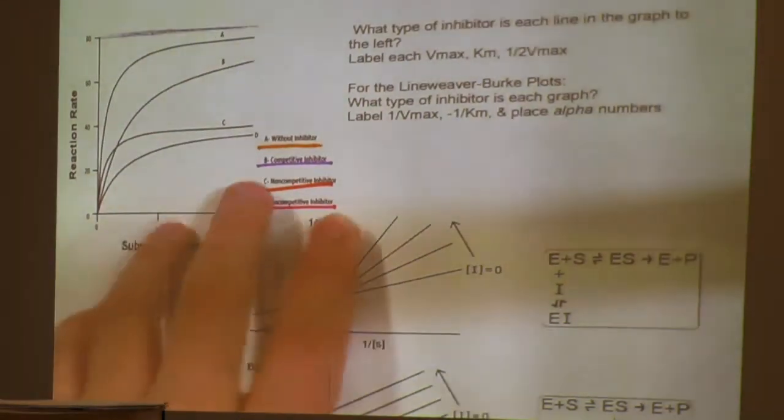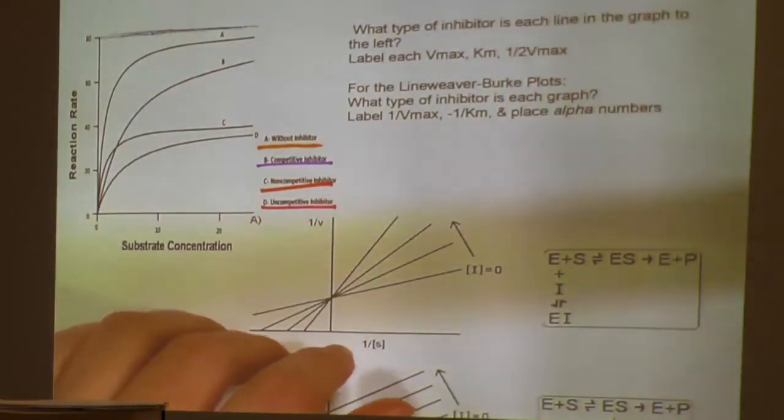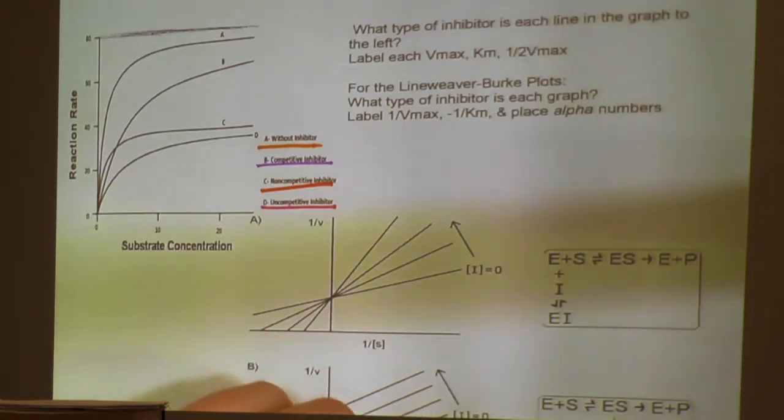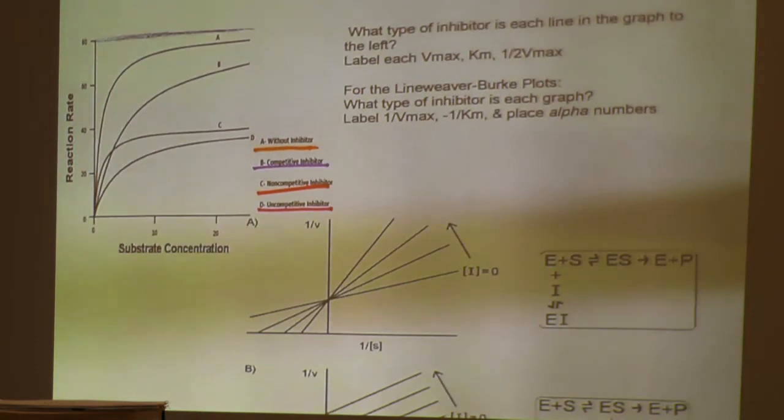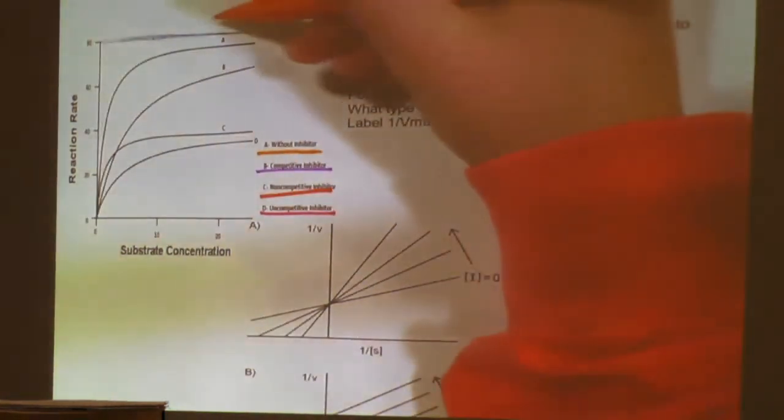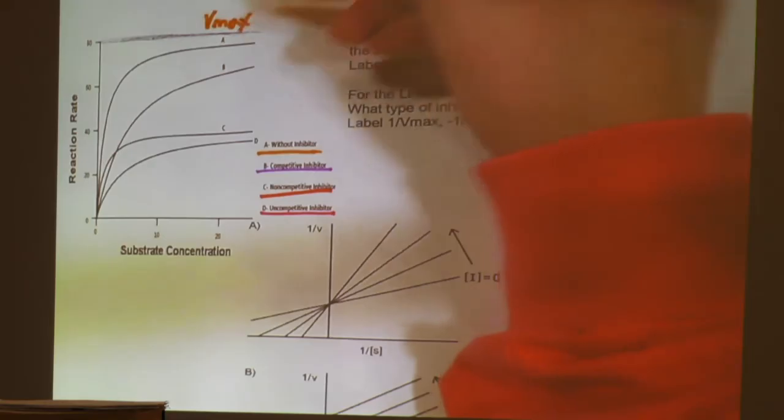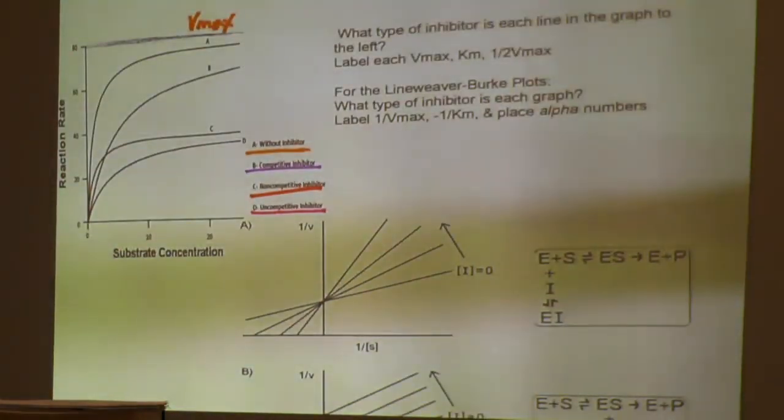And which inhibitor shares a Vmax with the without inhibitor line? So there's 3 different types of inhibitors, and one of them shares the Vmax of the enzyme without an inhibitor.